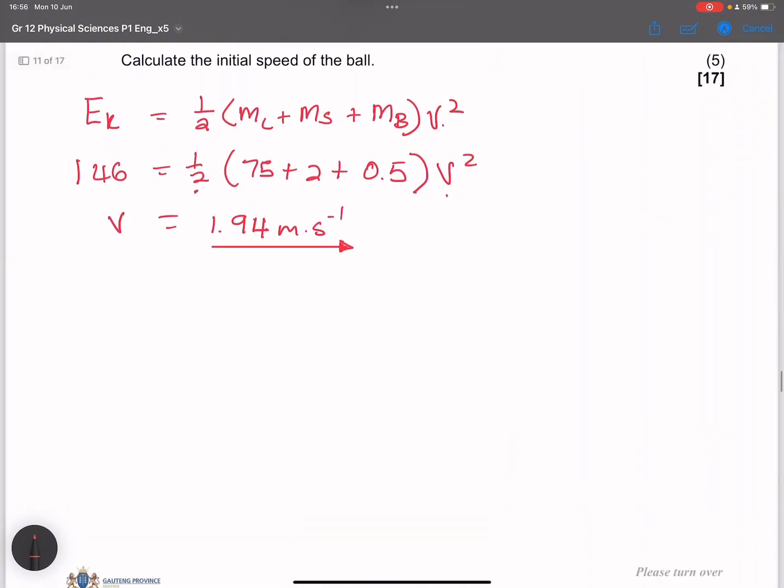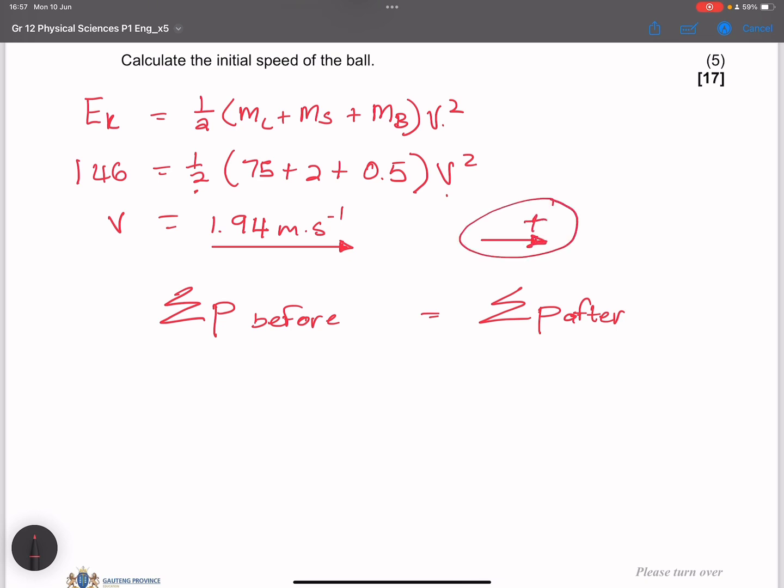So now we can use principles of momentum. The sum of their momenta before equals the sum of their momenta after. Now remember to choose direction. I'm going to choose direction to the east as positive.